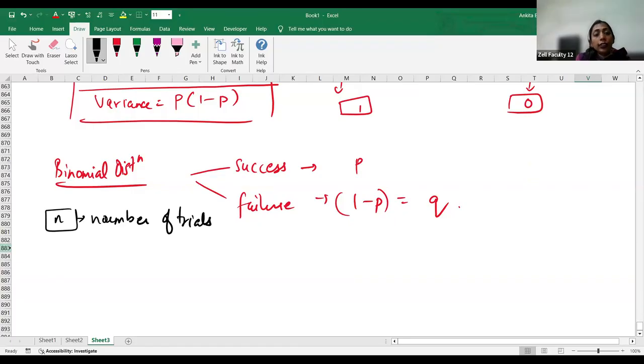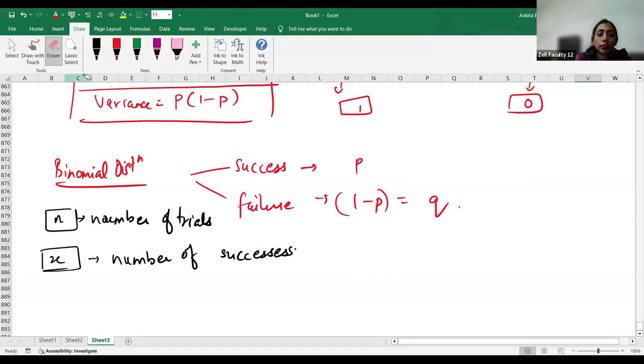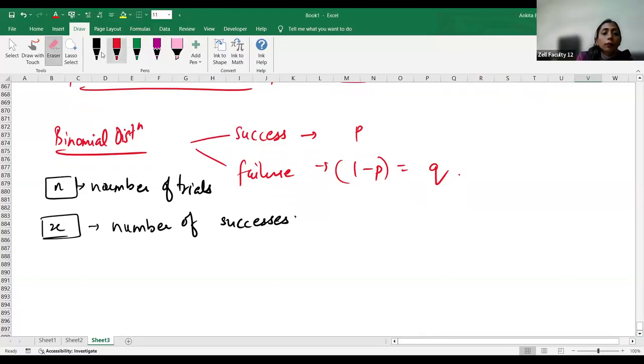Now in these trials, I want a certain number of successes. So the number of successes is represented using x. Let me take another event for easier understanding.